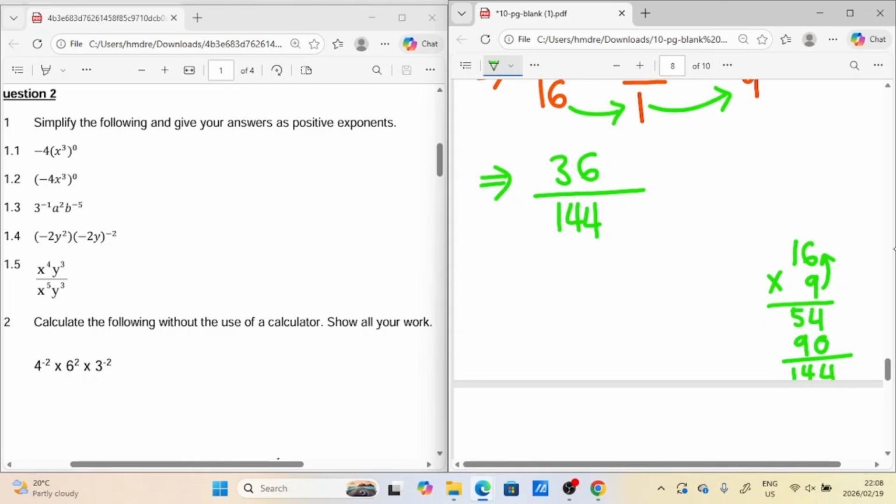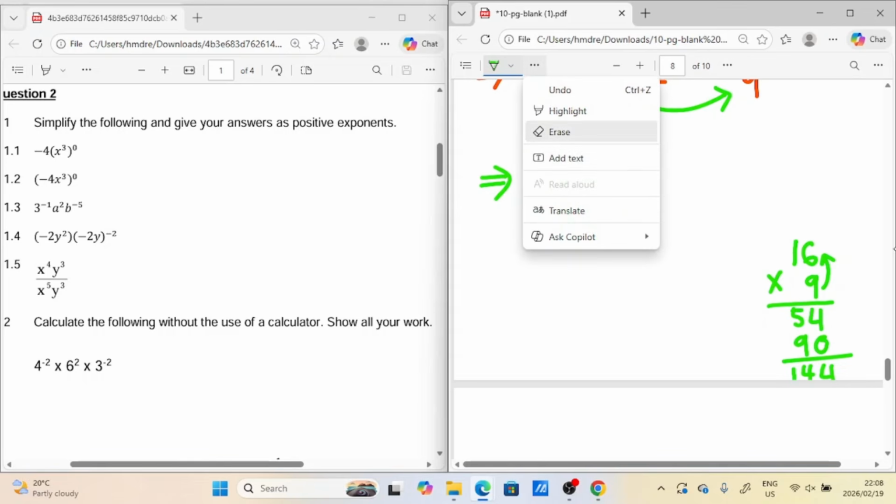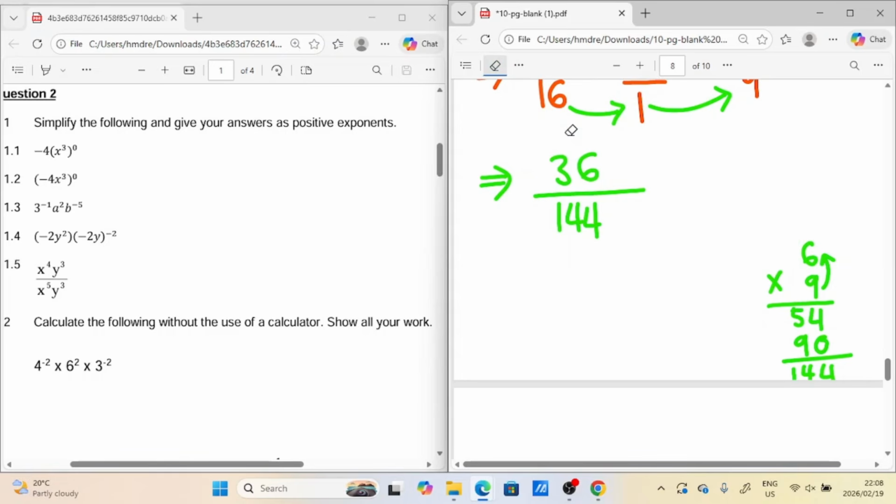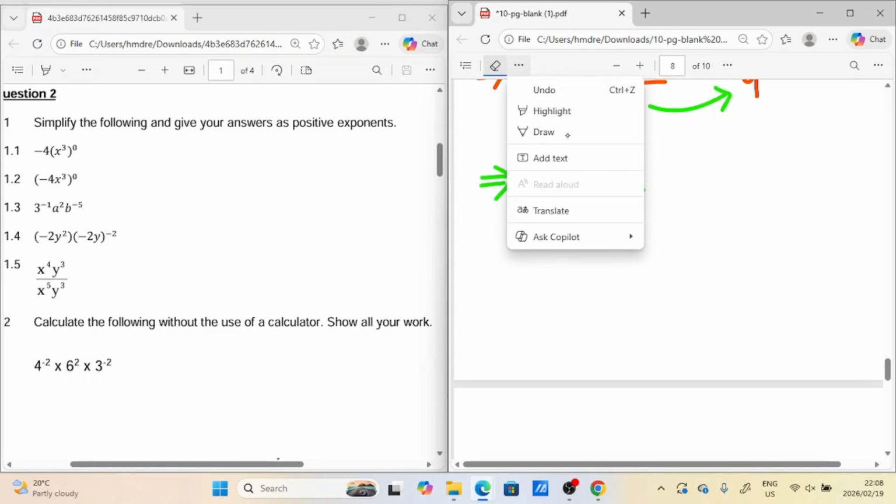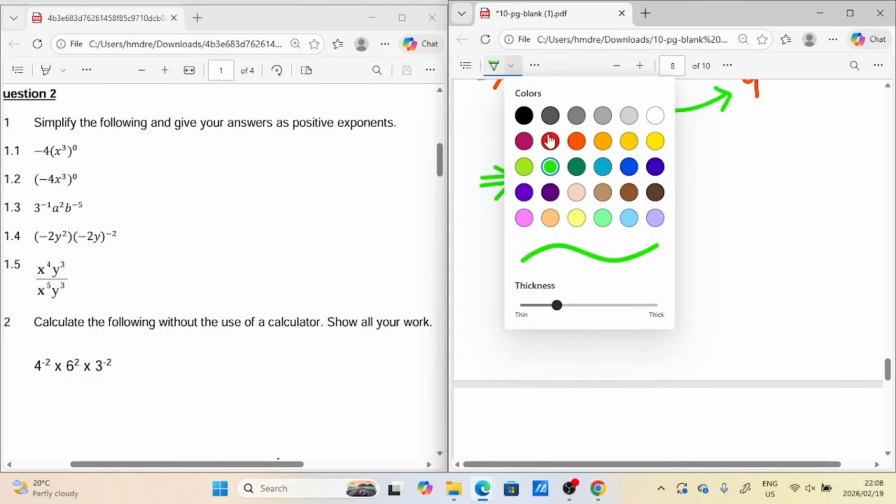And then whenever we get a fraction, make sure you simplify it as far as you can. So I would divide both of these. 36 can divide by 12, and 144 we can divide by 12. So that's what I would be dividing by.